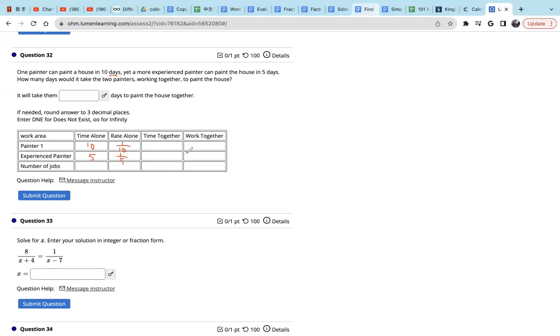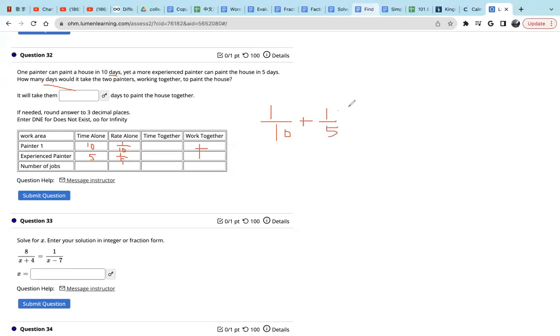Right. Working together will be adding the two rates together. So how many days would it take the two working together? We do the same thing as the previous one, right? We find the speed when they work together: 1 over 10 and then 1 over 5.